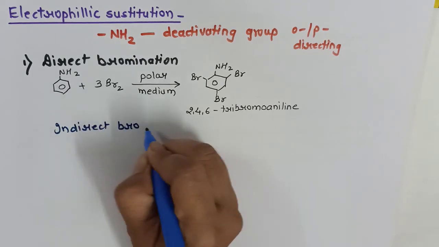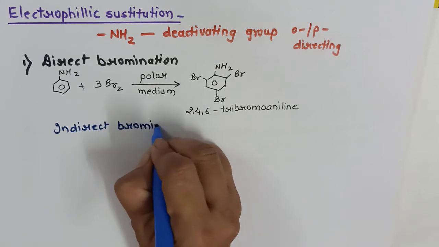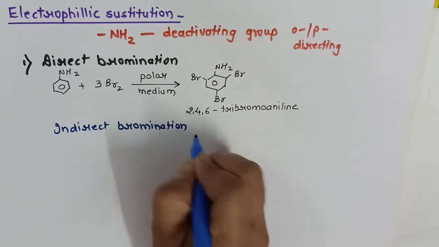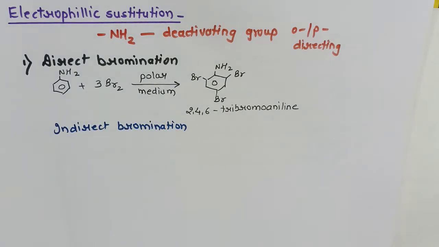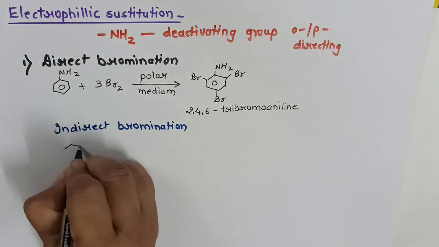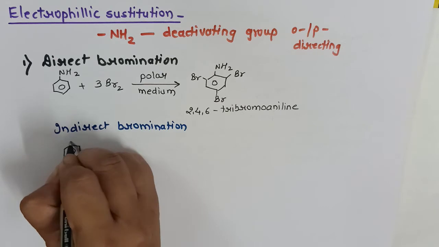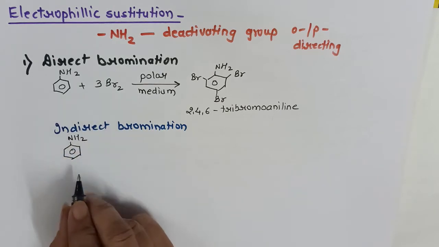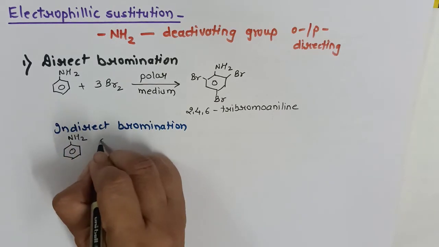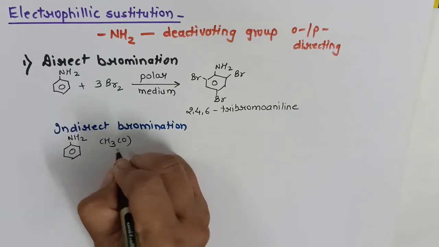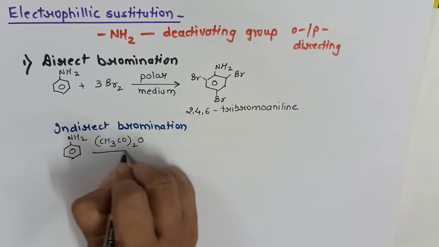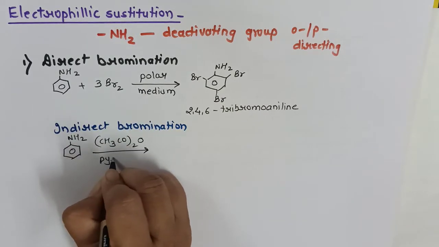Indirect bromination, for that I have to mask this NH2 group so that we can control its activity, and therefore we are carrying out first of all masking by using acetic anhydride. Aniline is treated with first of all acetic anhydride in presence of pyridine.